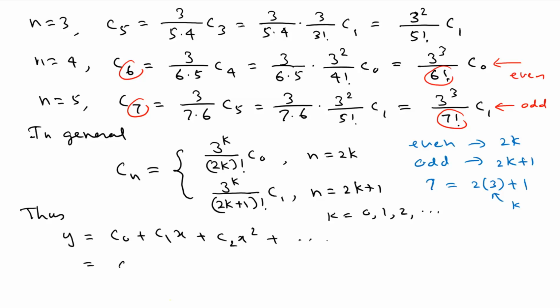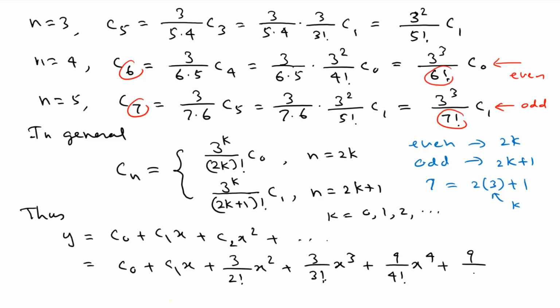C0 and C1 we just leave, and starting at C2 we know the value, so it is 3 over 2 factorial x squared, and the next term is 3 over 3 factorial x cubed, then 9 over 4 factorial x to the fourth, and then plus 9 over 5 factorial x to the fifth.